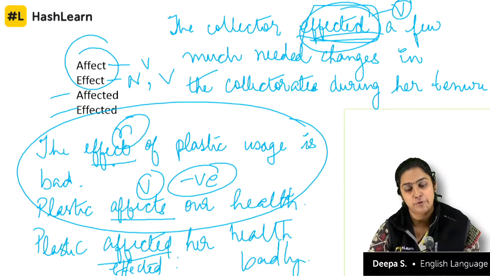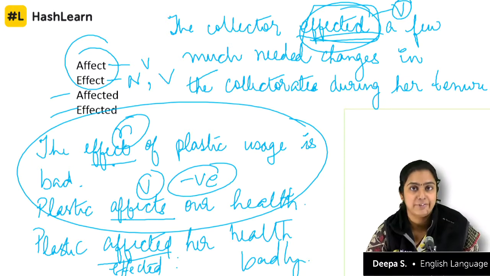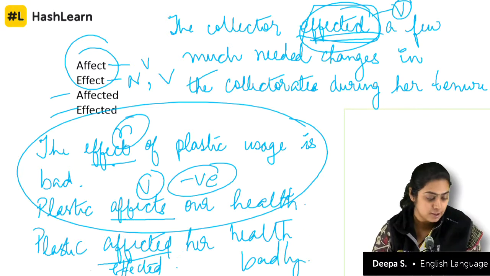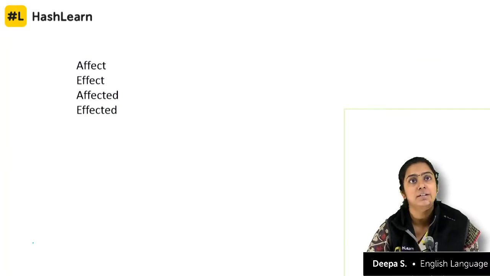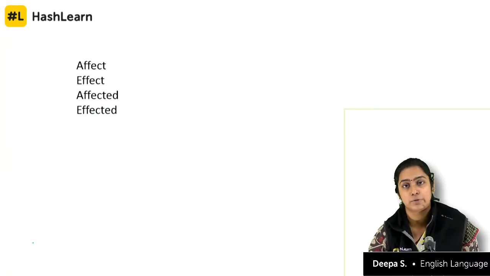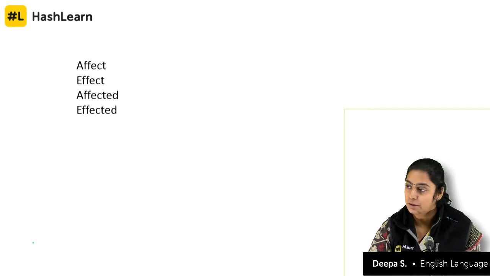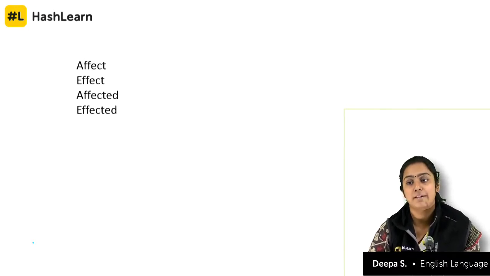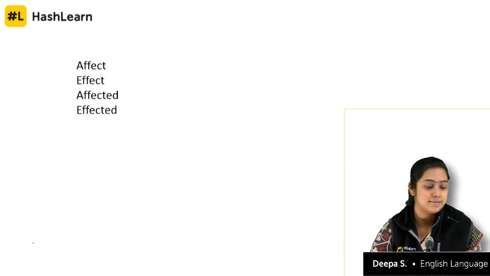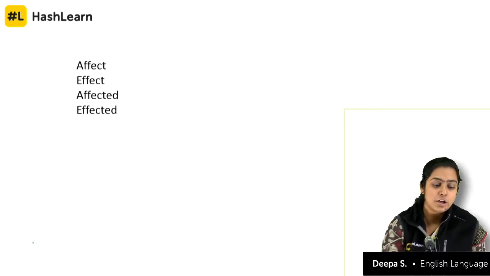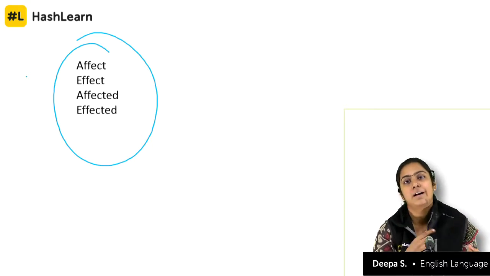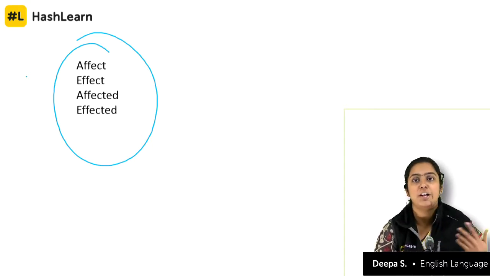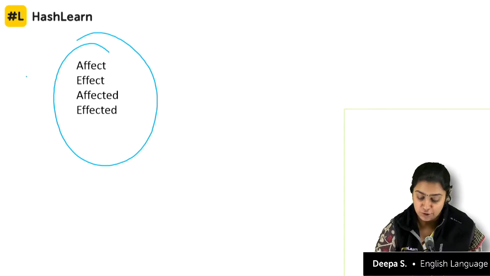So, the subject for the verb effected is typically a person. So, you can say the collector, the doctor, the dean effected a beautiful change in the hospital, or the prime minister effected a few schemes that were taken very well by the citizens, so on and so forth, okay. So, affect versus effect, you cannot use them interchangeably.